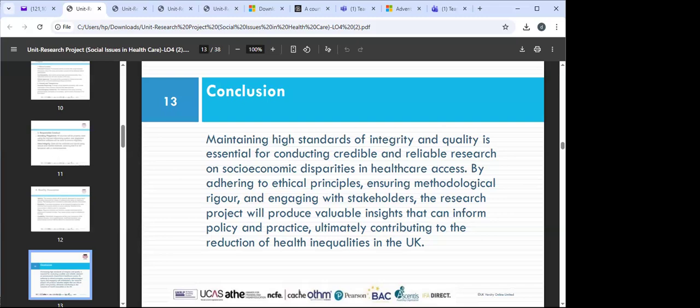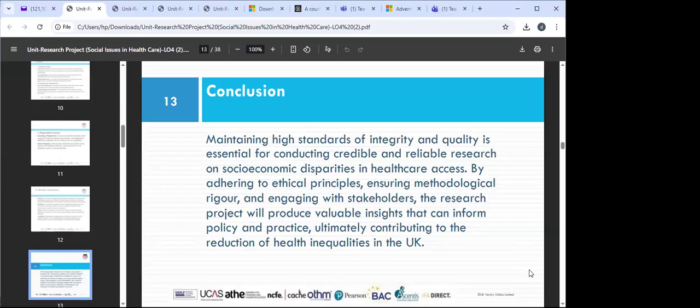Whilst your project looks into a more holistic finding in terms of the inequalities in healthcare in the UK, it is more specific, looking at the disparities.